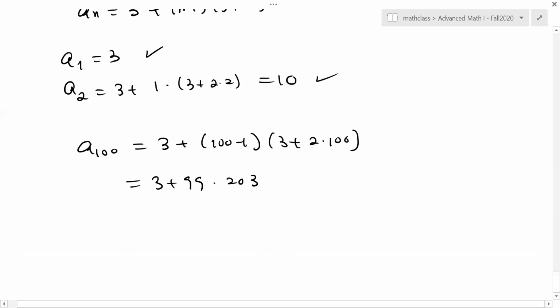All right, so our next problem is specifically we ask you to find the 100th term. Okay. What is the 100th term?